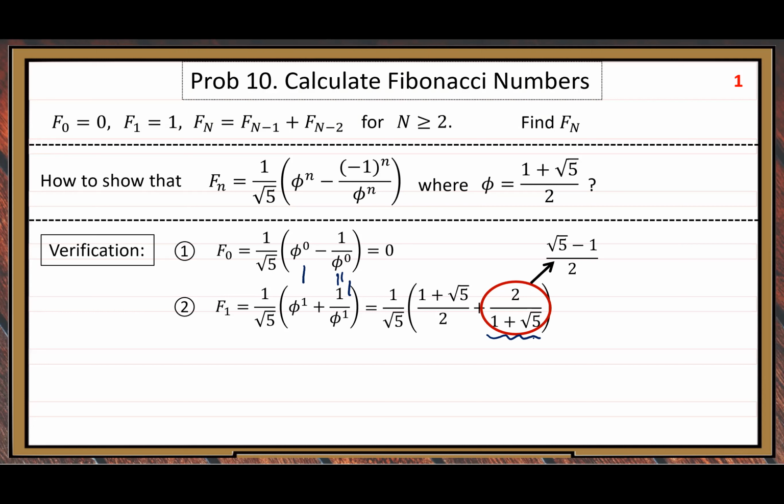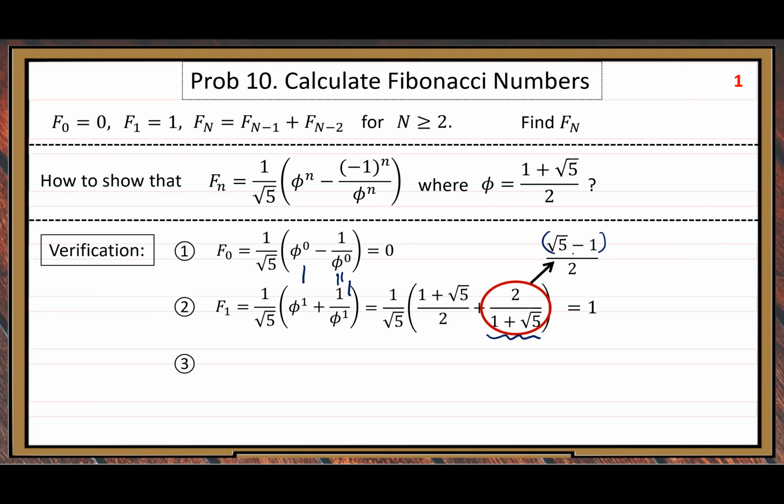Here the conjugate is root 5 minus 1. You multiply this number to both numerator and denominator, and you can do that conversion. Then after some simple algebra, you will get the number 1. Harder than the first case, but we can still handle it.